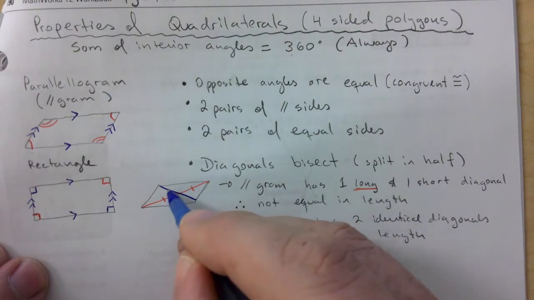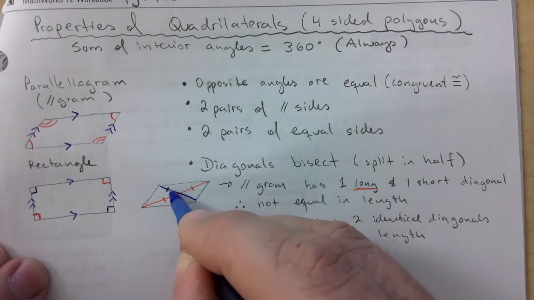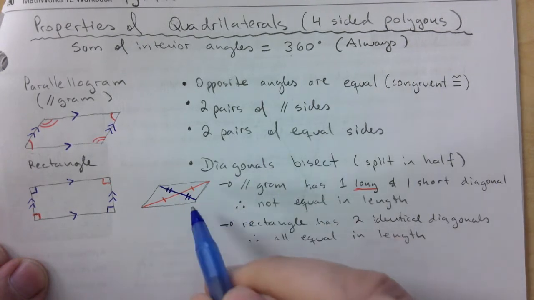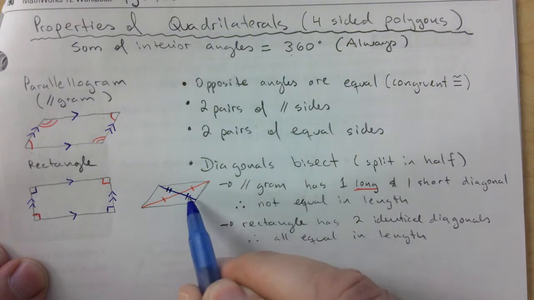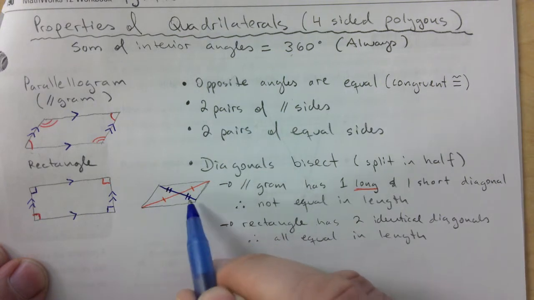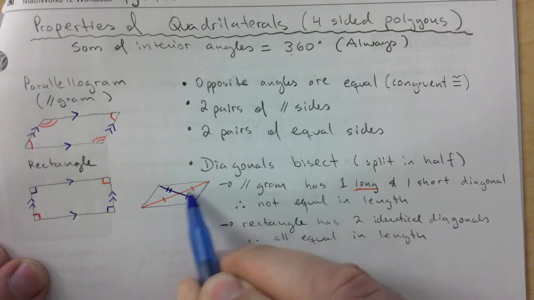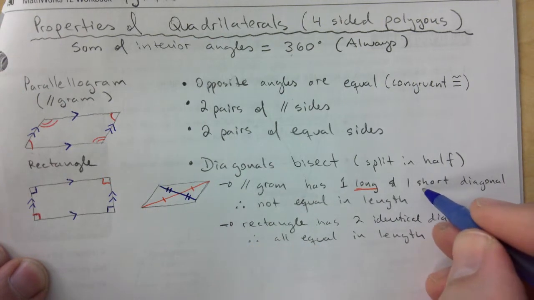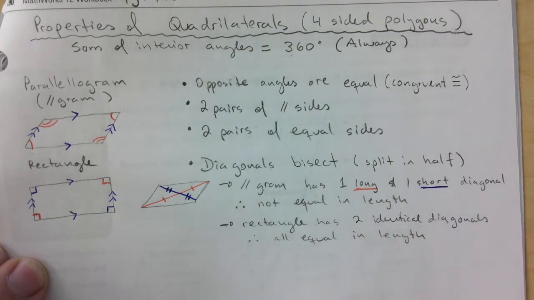But you cannot just put one tick in there. You have to put two marks on there because you're saying that these two halves are the same, but they're not the same as the halves created by the long diagonal.